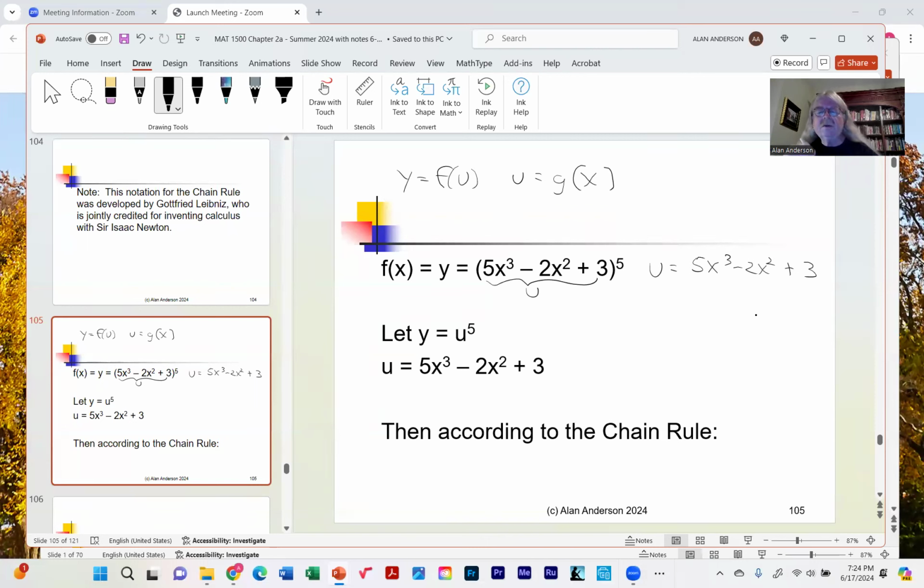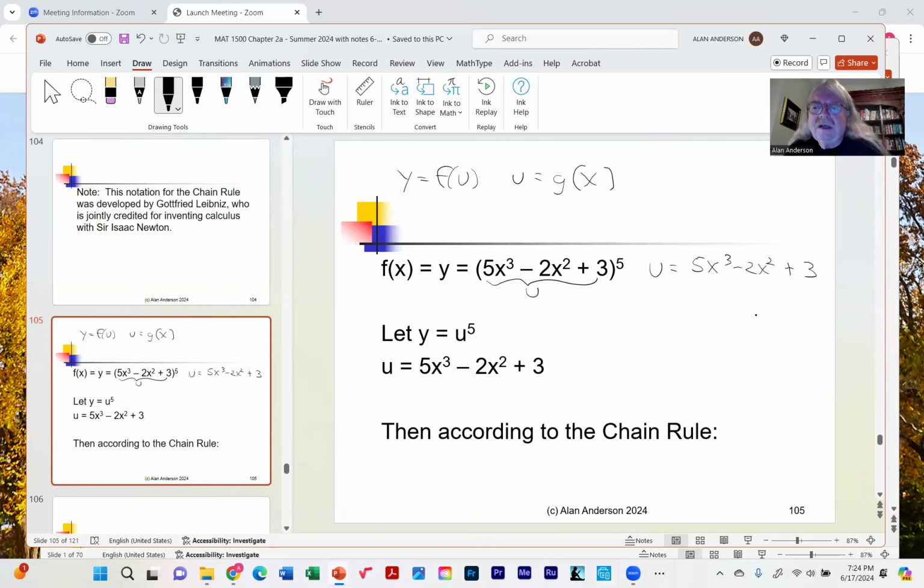When we're doing this approach, it's not always obvious which part of the function should be designated u. That takes a little practice. But when we have a polynomial like this raised to a power, usually it's the polynomial that becomes u. The reason we're doing this is because we can then simplify and write y is u to the fifth power. So how does that help?